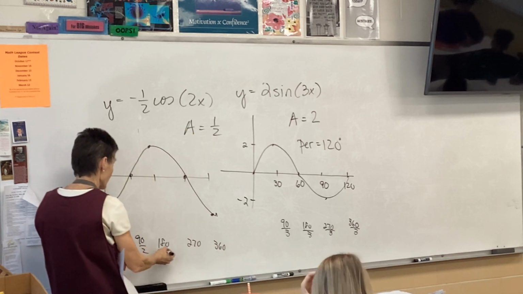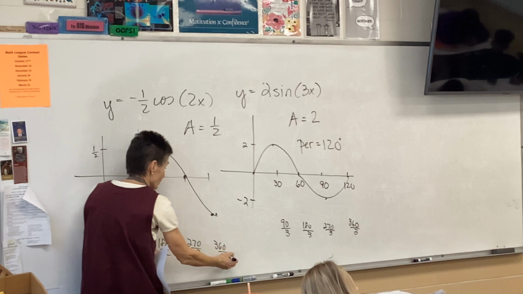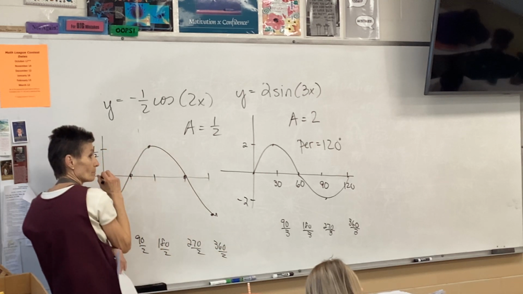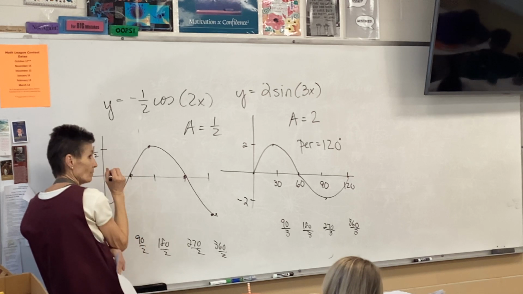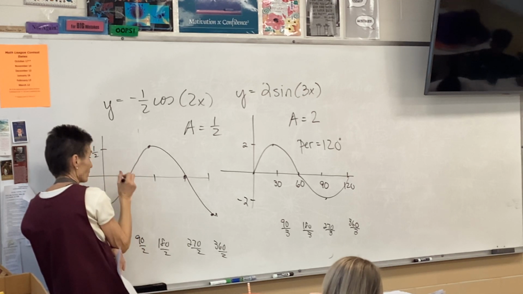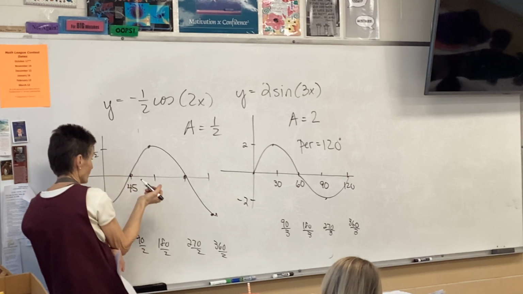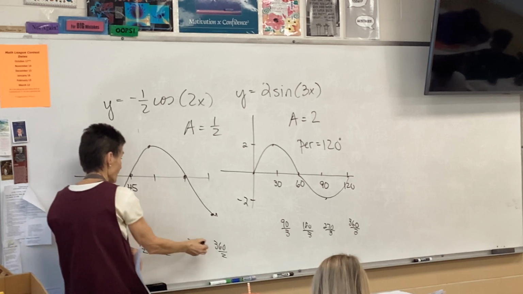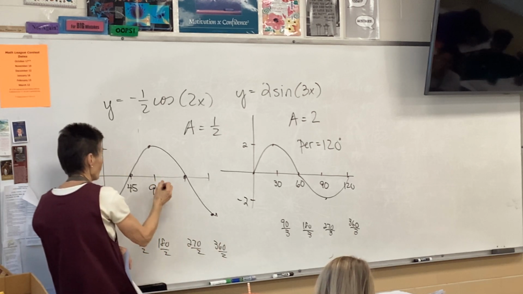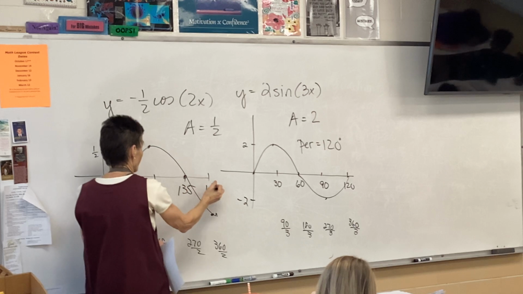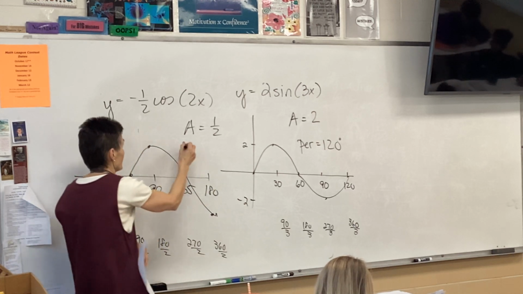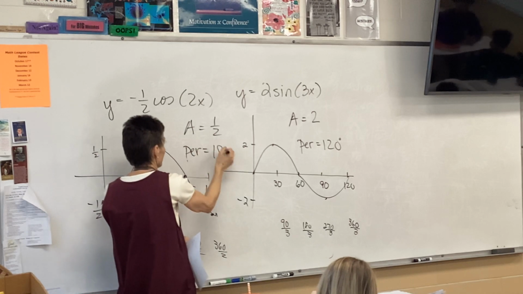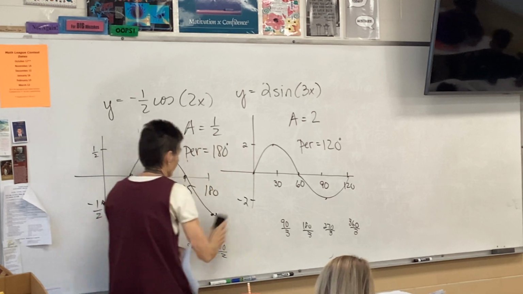They're being divided by 2. So what's 90 divided by 2? 45. So then you can either divide all these by 2 or just keep adding 45. Whatever's easiest for you. And the period is 180.